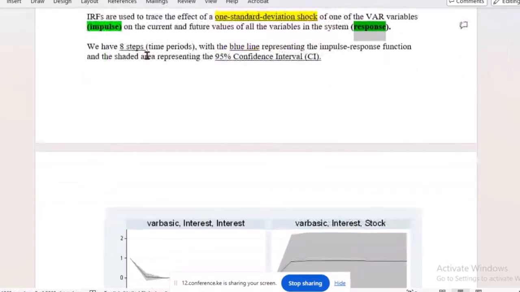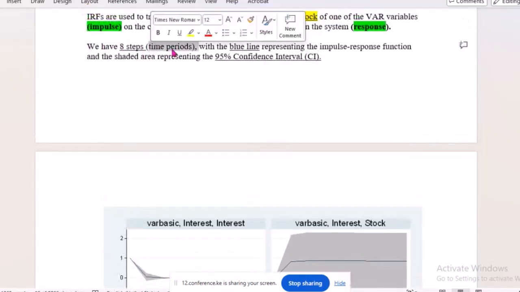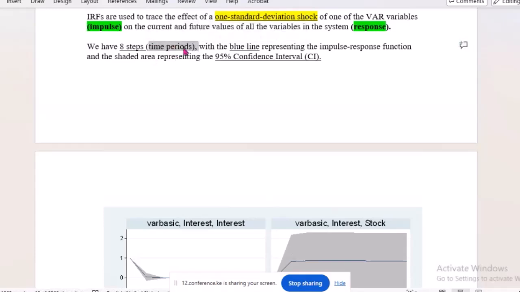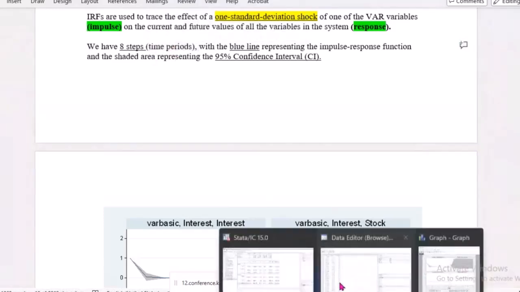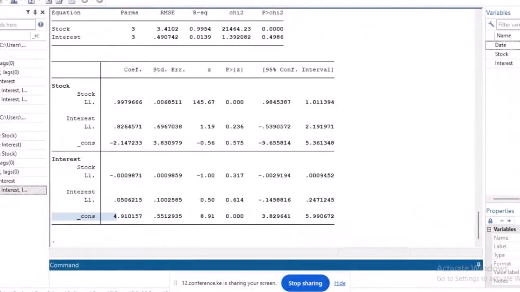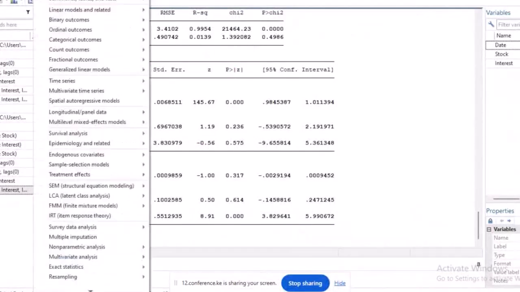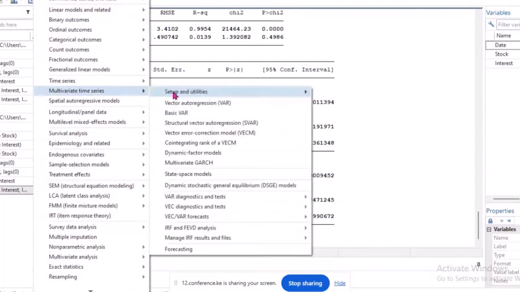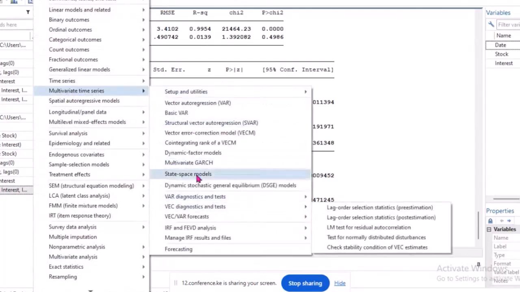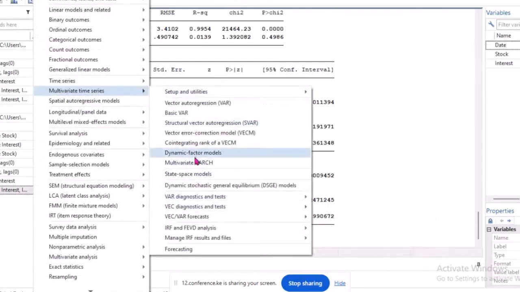Then in our analysis, we have 8 steps or 8 time periods. Remember, when we were running the analysis, we put 8 periods. Maybe I can just demonstrate it. If you can remember, we put the future periods.